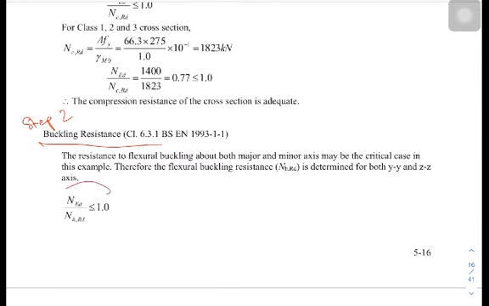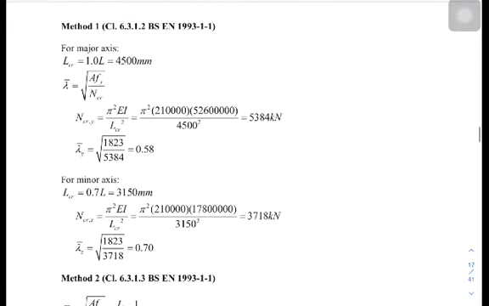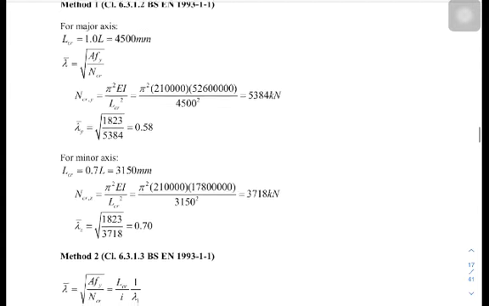Now it's the same formula here, but again, as I mentioned just now, you need to determine it for both axes, the y and also the z, and NbRd at both axes. So again, the same formulation is followed through.